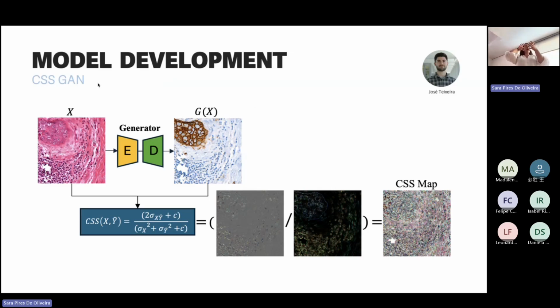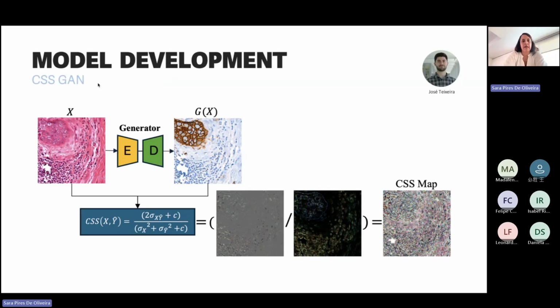So it really highlights the membranes of the cells. And so we were trying to focus on these really local differences. And then we want to penalize structural differences between the H&E and the generated immuno, because the cells are there. So we want to preserve the information on the cells and just try to synthesize the staining, right?